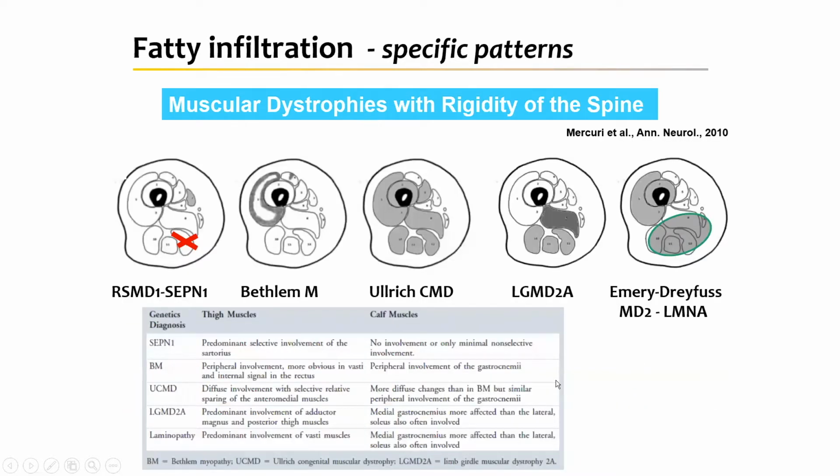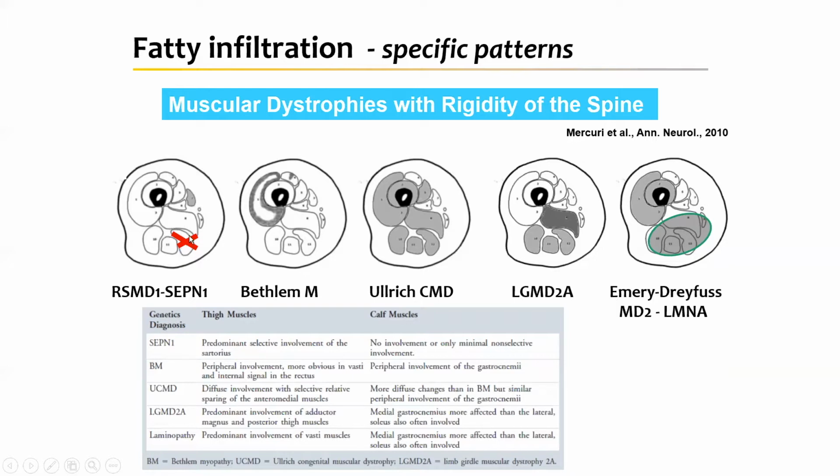Another condition that you may want to investigate is rigid spine syndrome. There was a first paper by Mercuri where the patterns were based on the lower limb examination only, with already a number of interesting observations. If the sartorius is preferentially affected, and the sartorius is an interesting muscle because it is very often preserved.